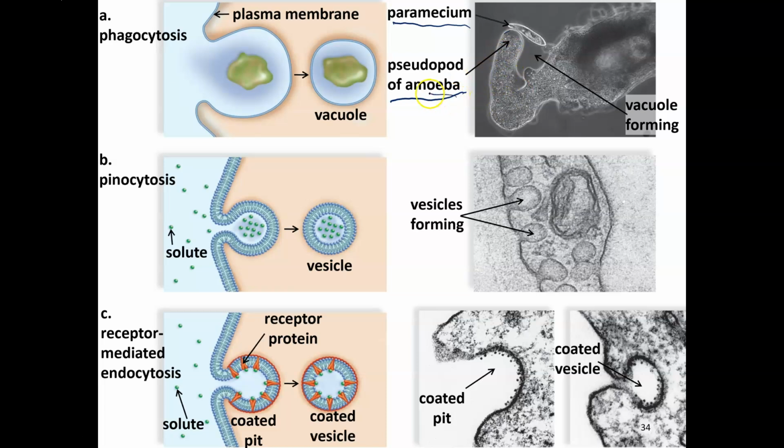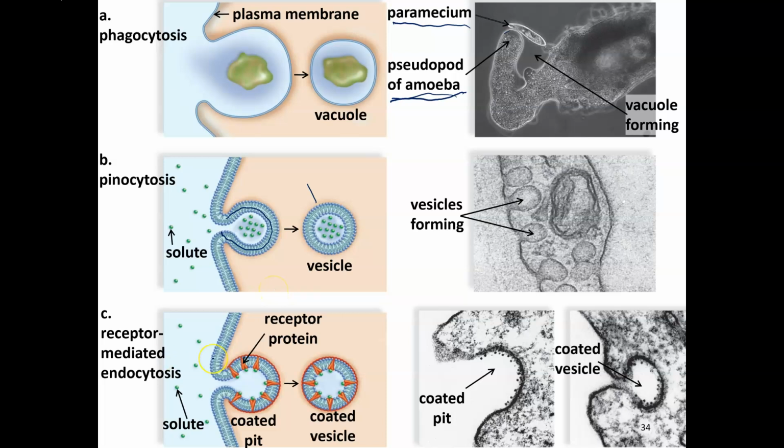This is another protozoan, but it's a larger protozoan that's taking in that paramecium. Pinocytosis, pretty much all cells can do, and so we have these dissolved solutes in a fluid, and the plasma membrane just engulfs that fluid and then pulls in and blebs off. So this vesicle is composed of the plasma membrane.